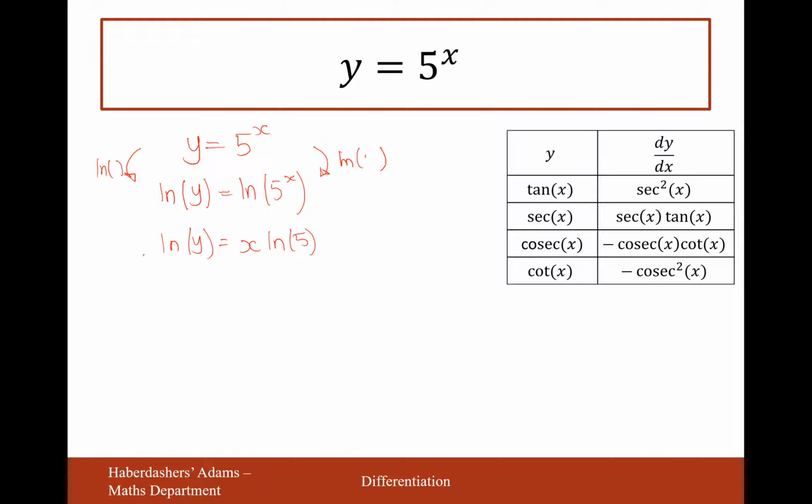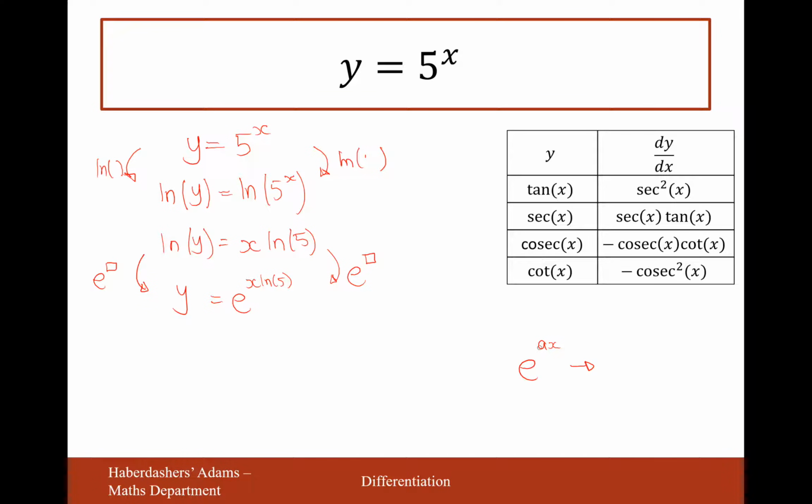Let's now e both sides, so e to the power of the left and e to the power of the right. So e to the ln, well that's just reverse operations, that's just back to y. But on the right hand side it's something slightly different, it's x ln 5. Now remember that ln 5 is just a number, so it's effectively just e to the some number times x. And let's think about differentiating this now.